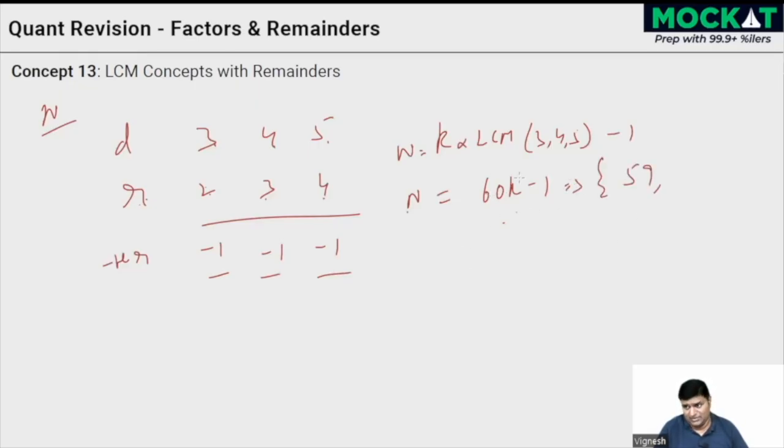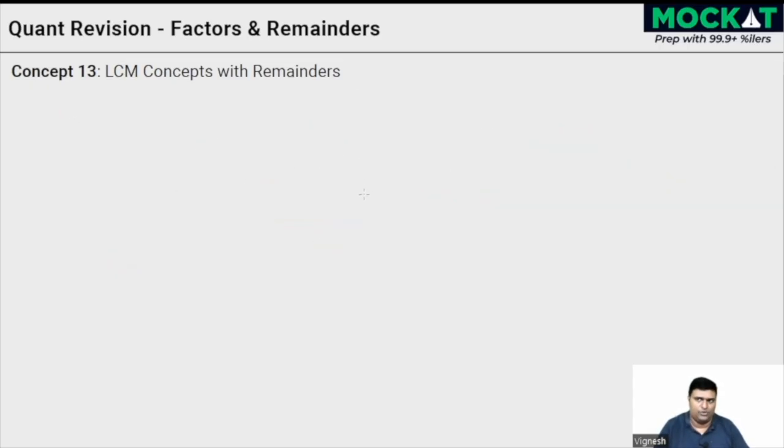Next, add another 60, 119, add another 60, 179, and so on, right? Take 59, for instance. 59 by 3, 57 is off, remainder is 2. 59 by 4, 56 is off and remainder is 3. 59 by 5, 55 is off and remainder is 4. It will definitely satisfy. Negative remainder is another pattern you have to look for.